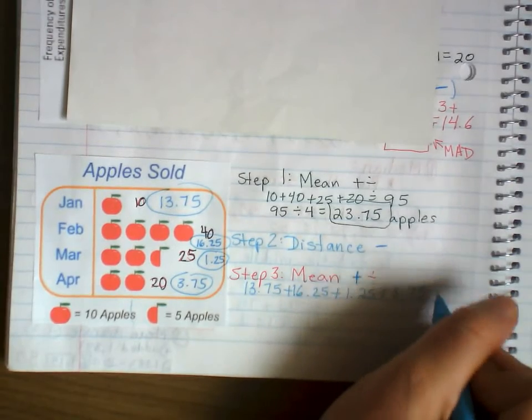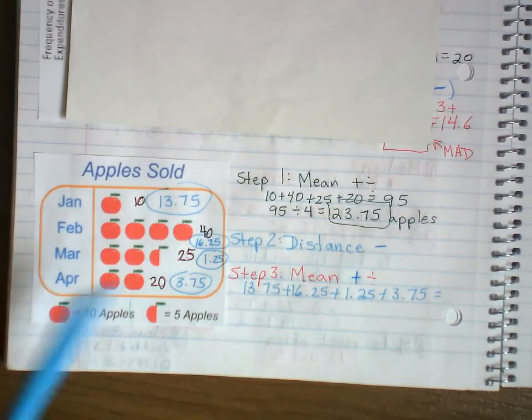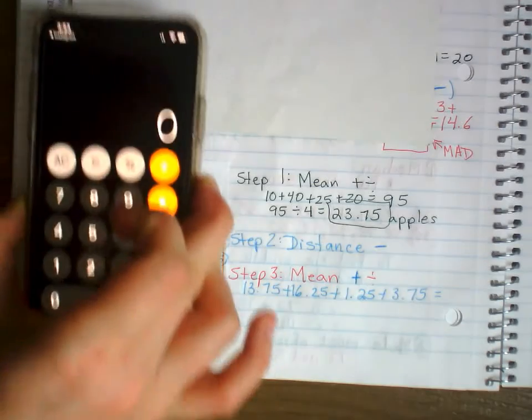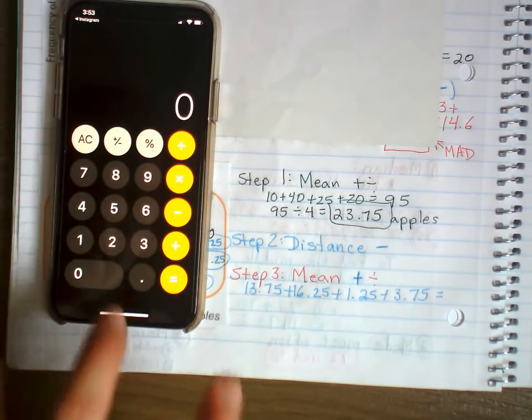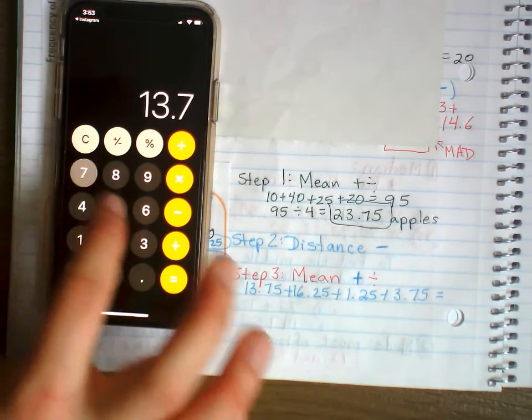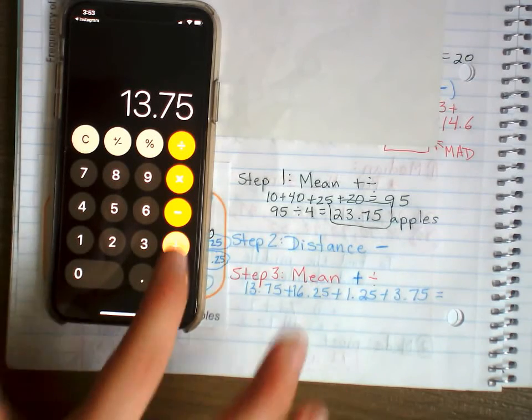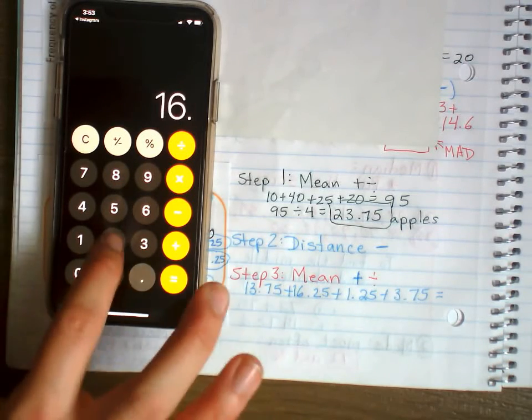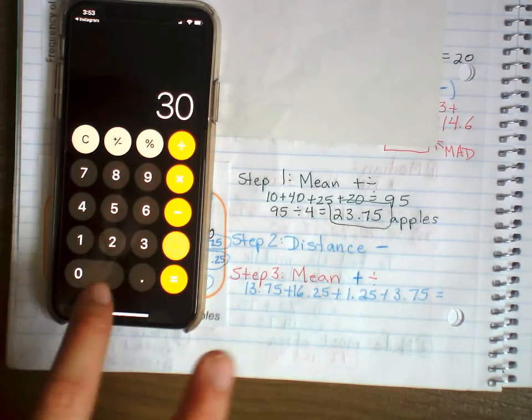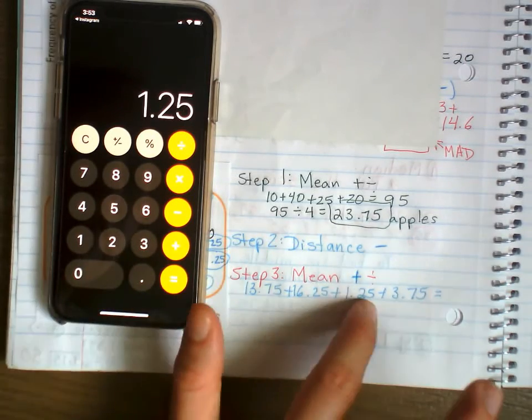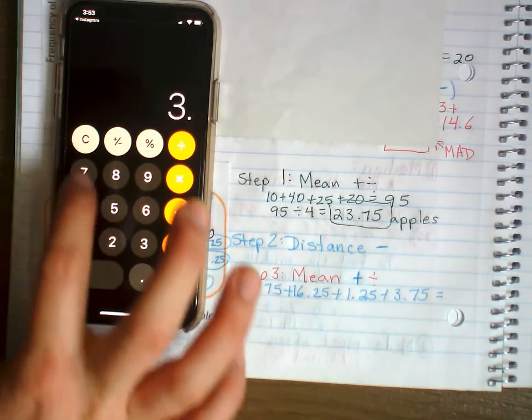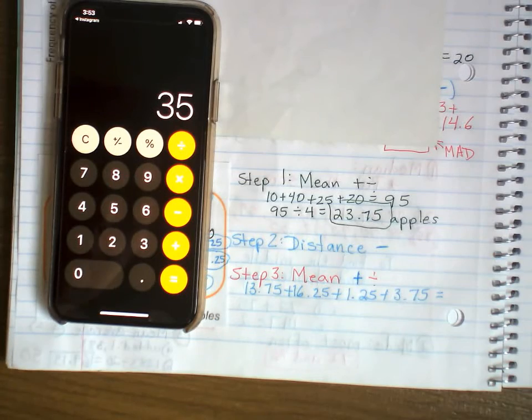So let's add up. How far total were we from the average? 13.75 plus 16.25 plus 1.25 plus 3.75 is 35.